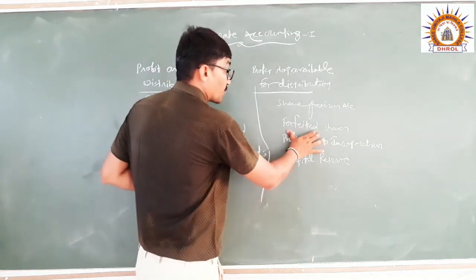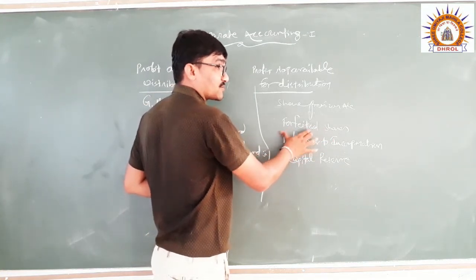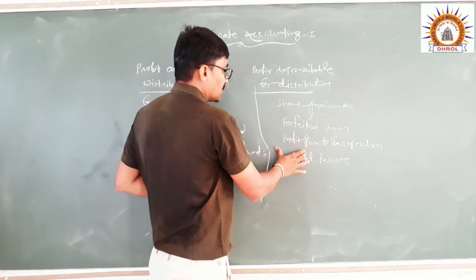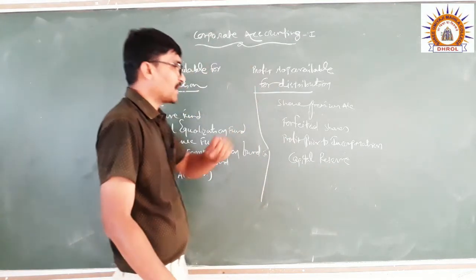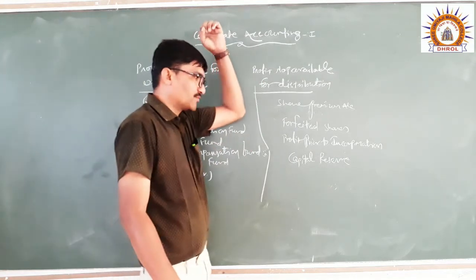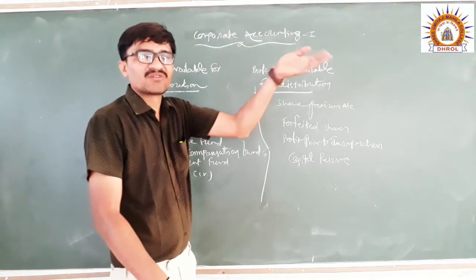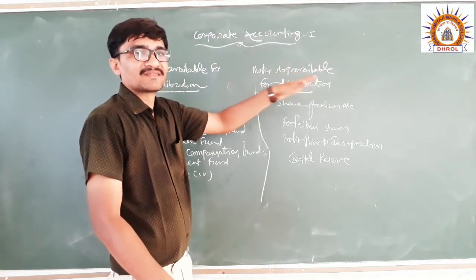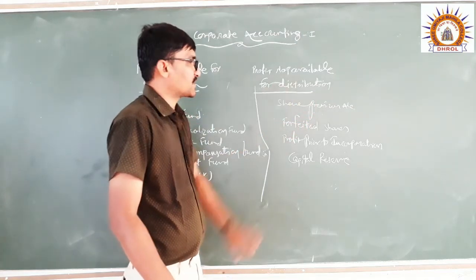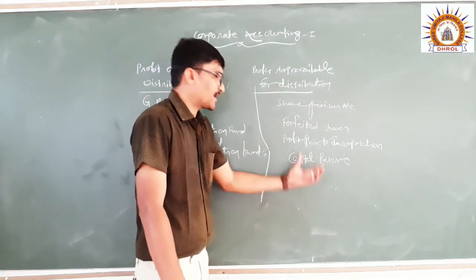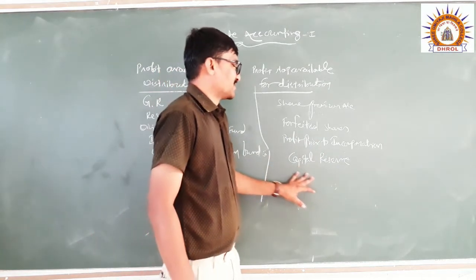Then the forfeited shares, which were not paid by the shareholder to the company within time. Then profit prior to incorporation, which means when the company is being formed, and at that time some amount of profit arises, which is not transferred to the CRR. And one more thing is capital reserve.